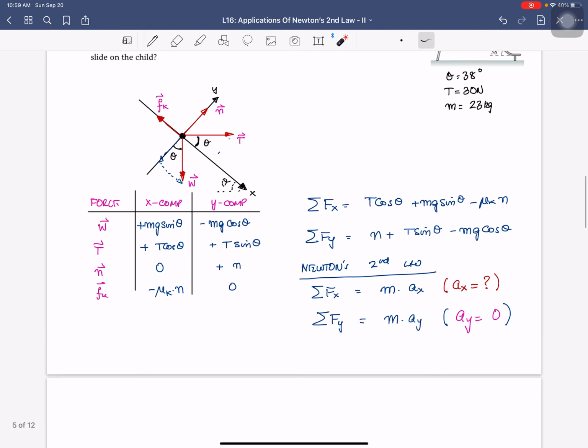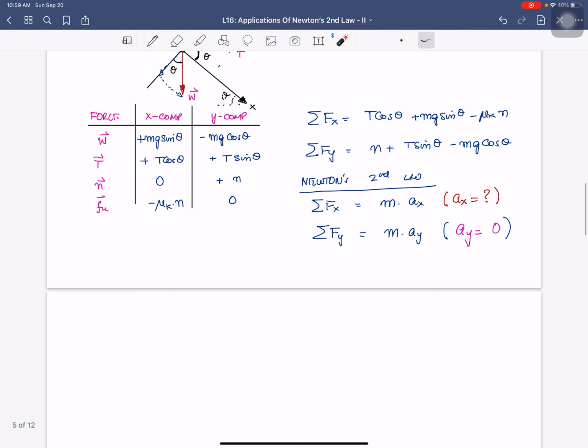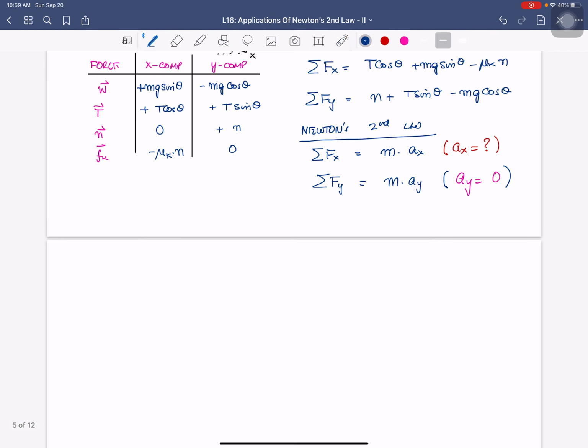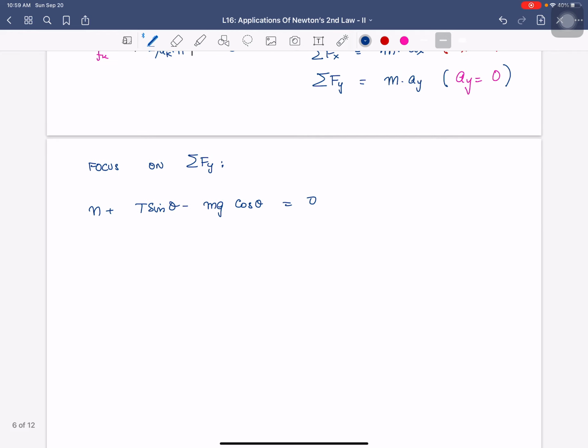So if you focus on the y component of the net force, we have the equation N plus T sine theta minus mg cosine theta is equal to 0. And from here, as far as this problem is concerned, N is just mg cosine theta minus T sine theta.